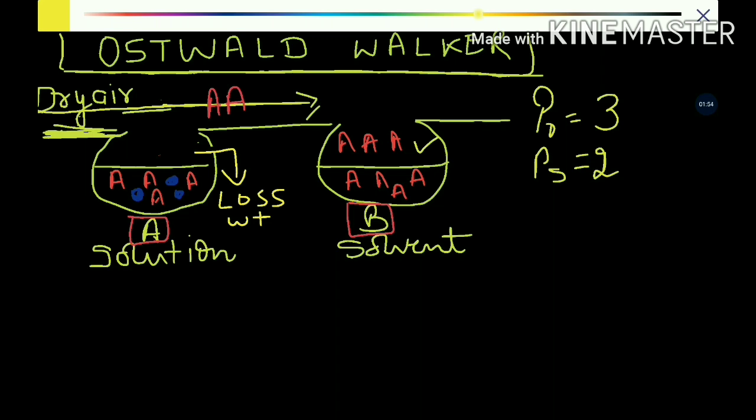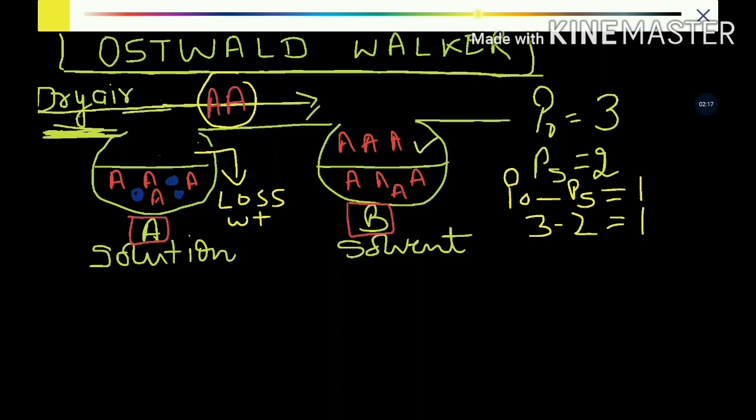Now when it reaches the solvent bulb, how many more vapors are required? So 3 minus 2 is equal to 1. So already it is having two vapors. Total vapors required was 3. So P naught was 3 and it is already having 2. So now it needs only one more vapor.